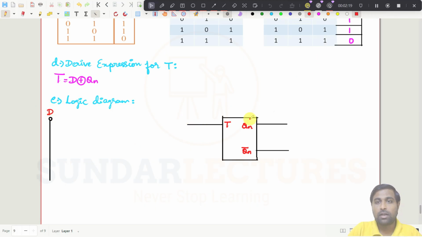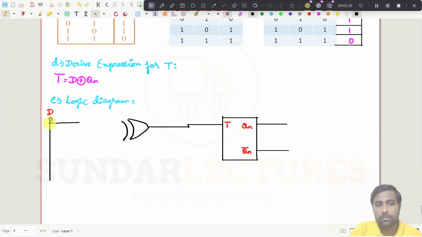It is the D input, and what is the expression you have now? It is an XOR of these two. So directly you can draw the XOR gate. Just draw the XOR gate.